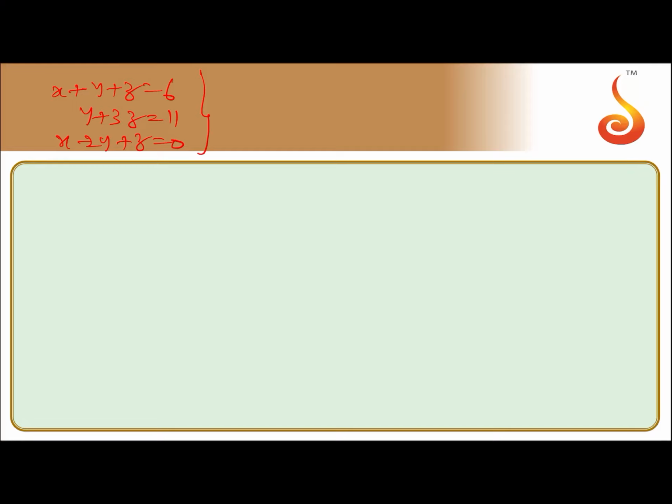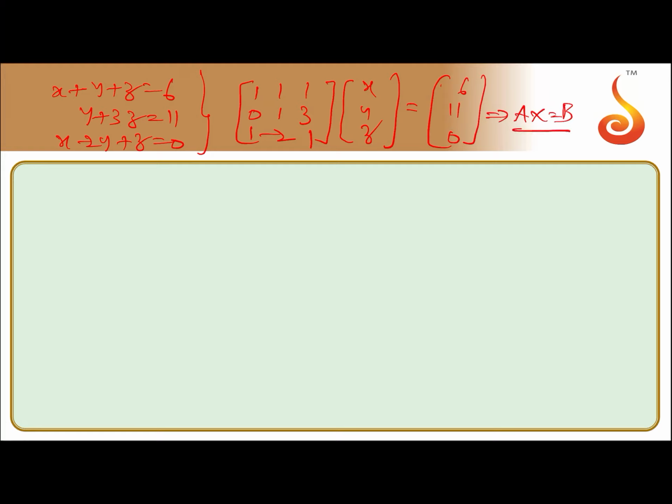And of course, this system can be written as the matrix 1, 1, 1, 0, 1, 3, 1, minus 2, 1, multiplied by x, y, z, and that is equal to 6, 11, 0, and this is nothing but the AX is equal to B form, where the A matrix is equal to this one. We have to solve now.